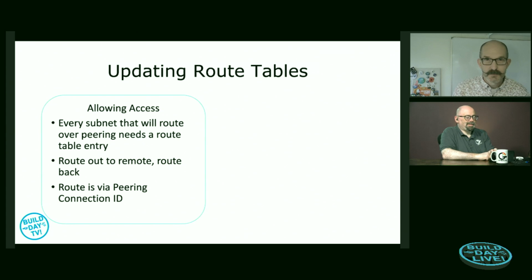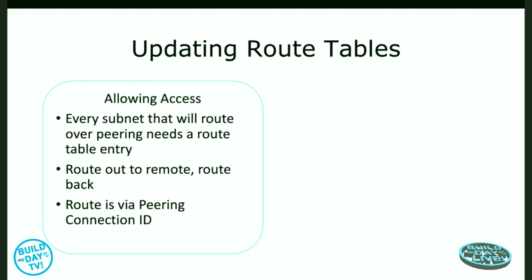Once we've set up the peering connection, we haven't actually allowed any connectivity across that connection, because none of the subnets in our VPCs know about the other subnets. Okay. And so they don't know to send any traffic across. So we have to update route tables in our subnets, so that you can reach this other subnet through this peering connection.